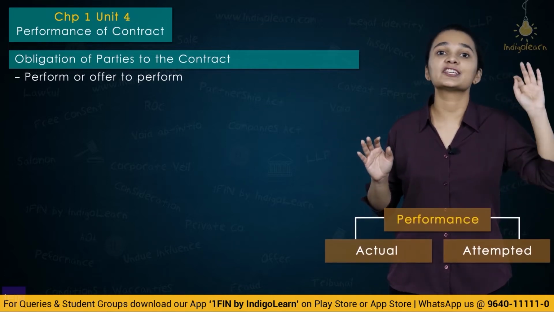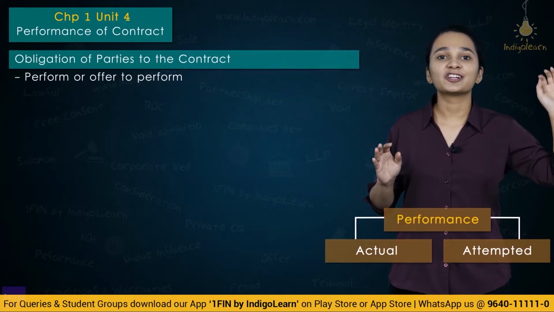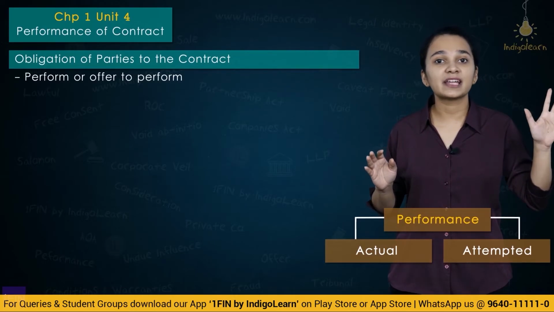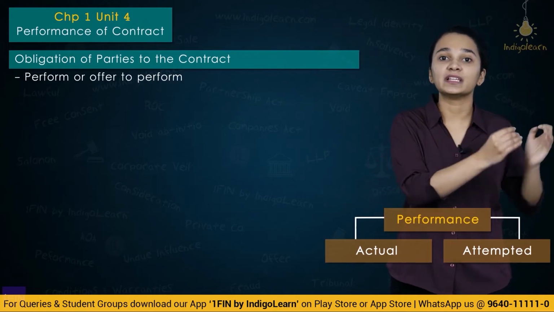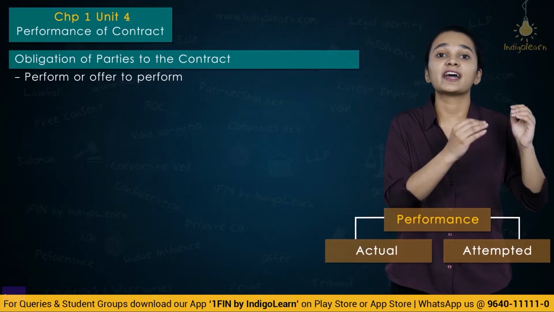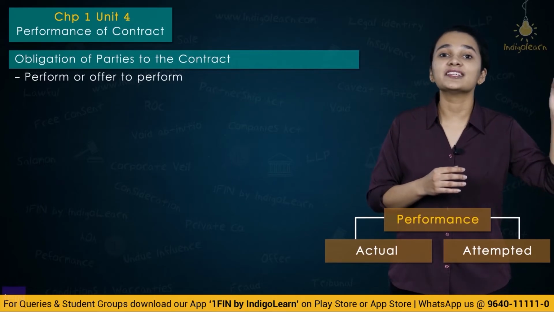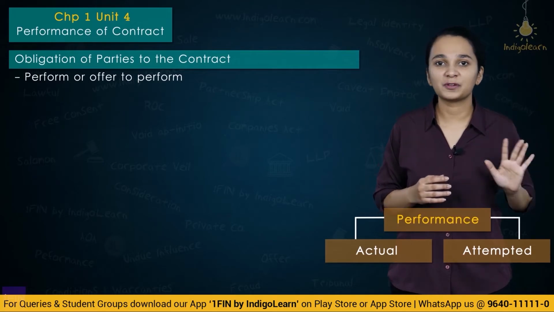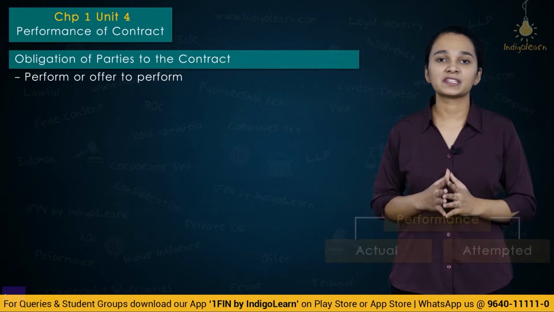Attempted performance is also called offer of performance or tender of performance. What is attempted performance? Attempted performance is where one person is willing to perform his part of the promise and also goes forward with the performance, but the other person refuses to accept the performance. That type of performance is an attempted performance.